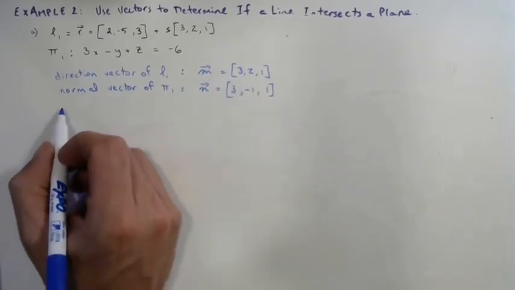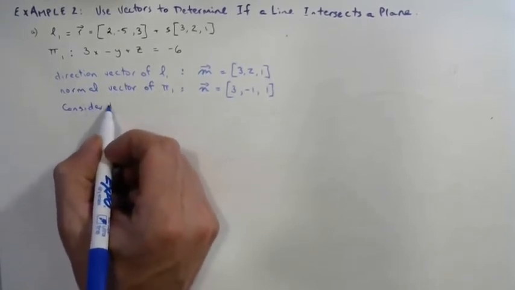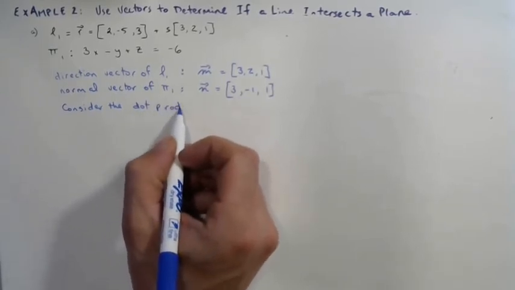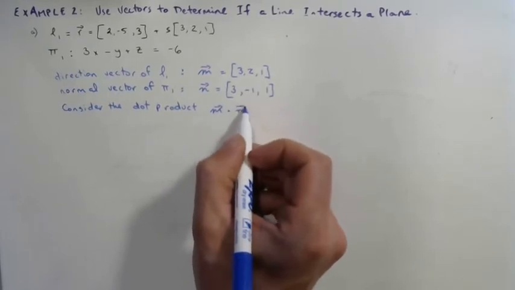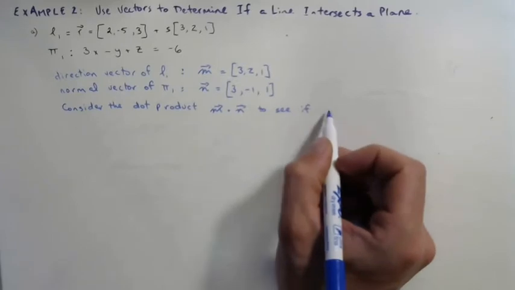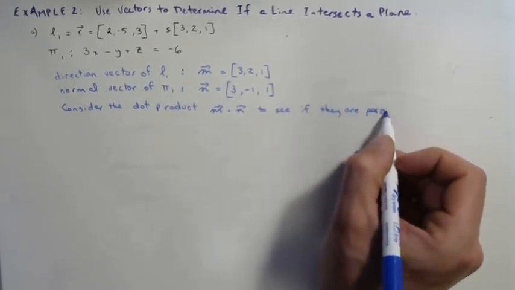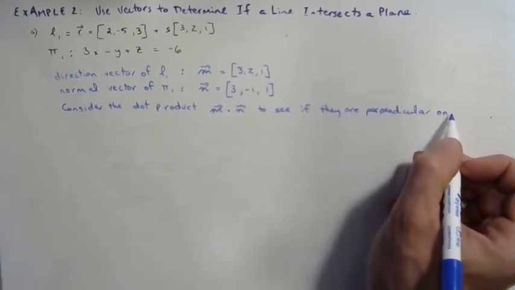And now what we need to do is see if these are perpendicular to one another. So we're going to consider the dot product m dot n to see if they are perpendicular or not.